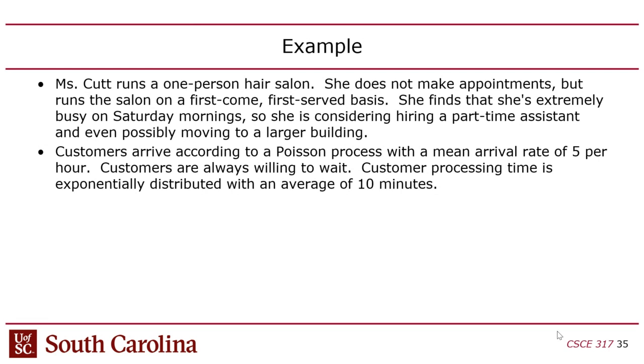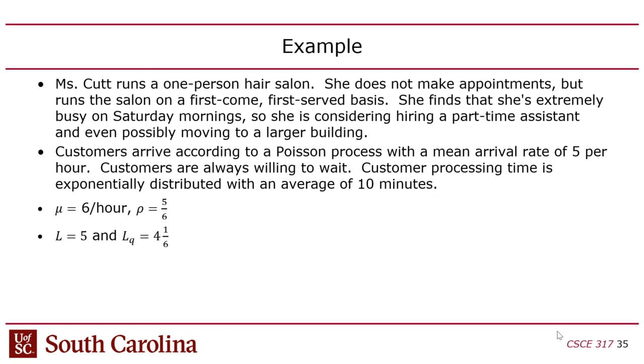Okay, so I guess lambda is 1 over 5, and mu is 1 over 10 based on this. Oh, sorry. 5 per hour, so our time units are hours.